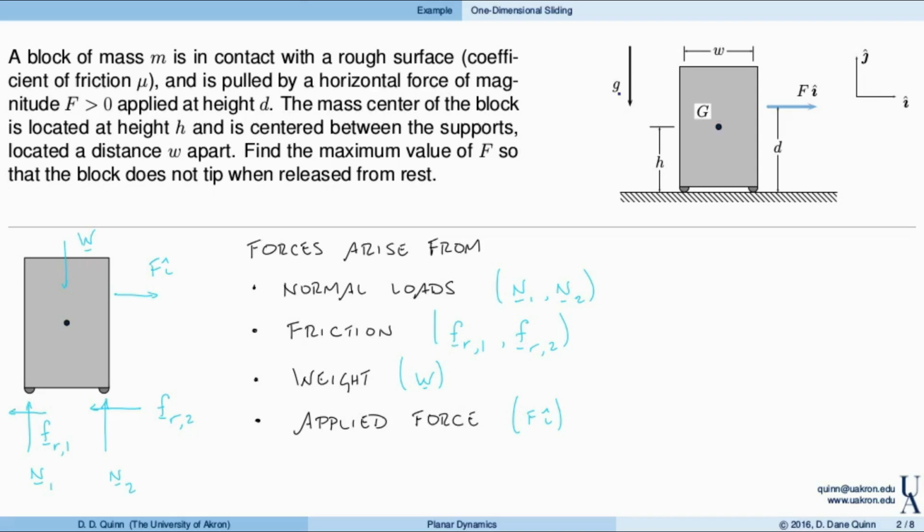So the distinguishing feature about this problem, and in particular how do we tell when the block rests on the surface versus when it tips, is related to these normal forces. So if the block rests on the surface, then the normal loads have to be in the plus j direction.